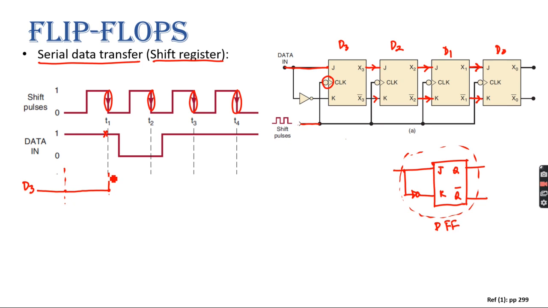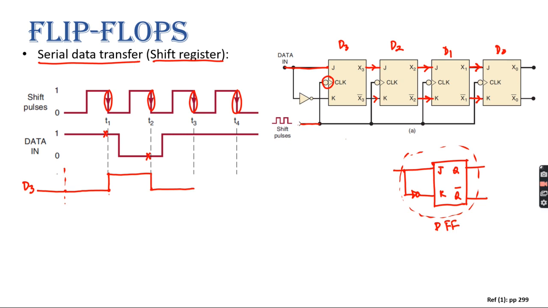When it gets the negative edge, it will switch to 1 and remain 1 until it gets the next negative edge. Just before this next negative edge, what is the value of the input? 0, right? So it will switch from 1 to 0 and remain 0 until the next negative edge.